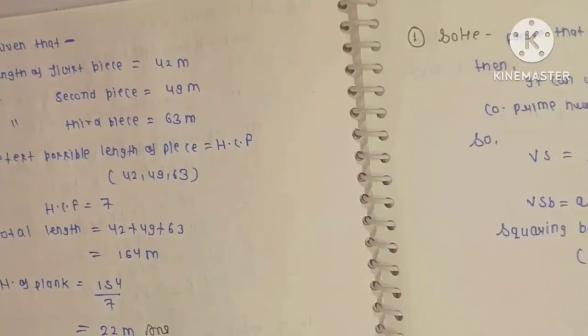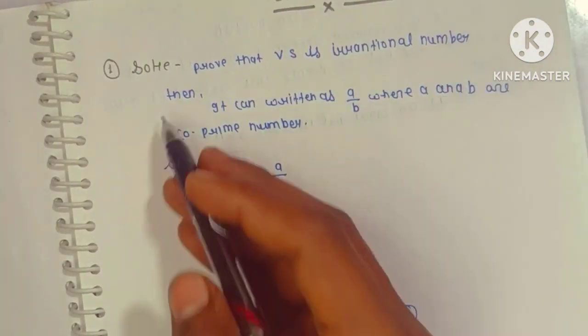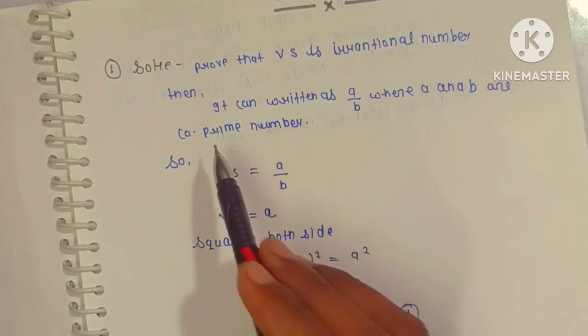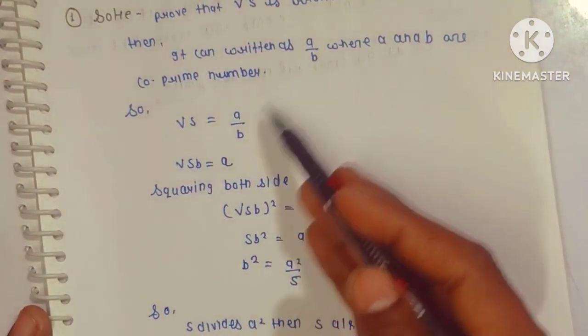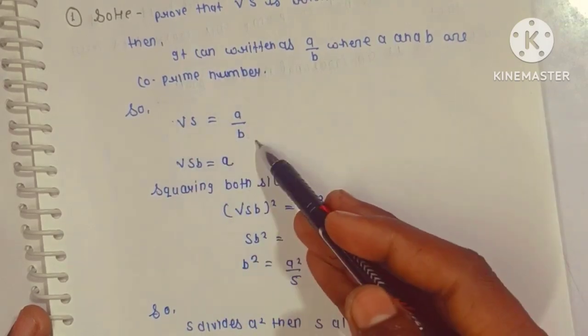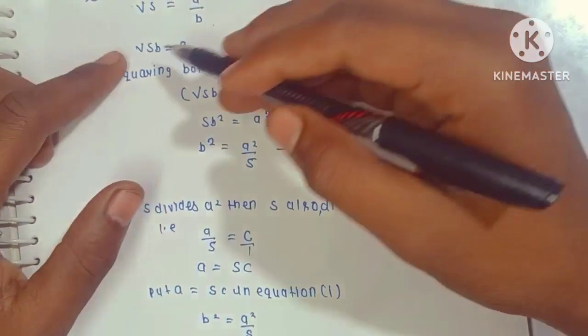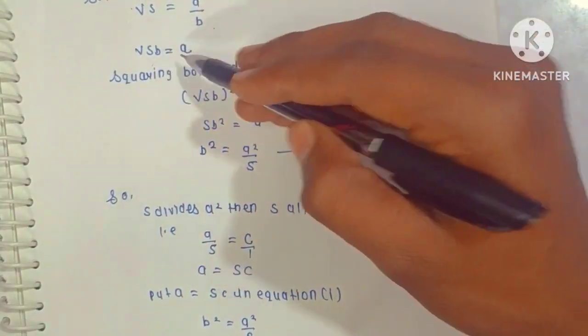Again, question number 1. Root 5 is an irrational number, then it can be written as a upon b where a and b are co-prime numbers. So root 5 is equal to a upon b. Root 5 b is equal to a. Squaring both sides, (root 5 b) whole square is equal to a square.